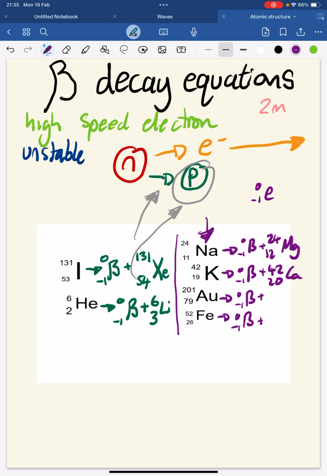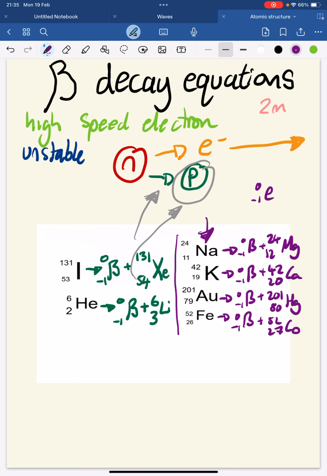Potassium gives Ca, calcium. Gold gives Hg, mercury. And Fe gives Co, cobalt.